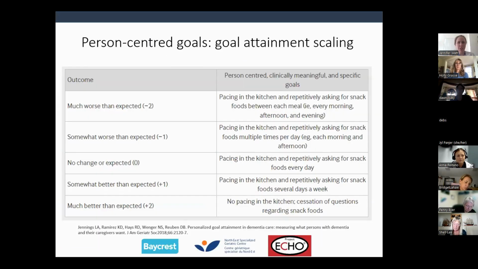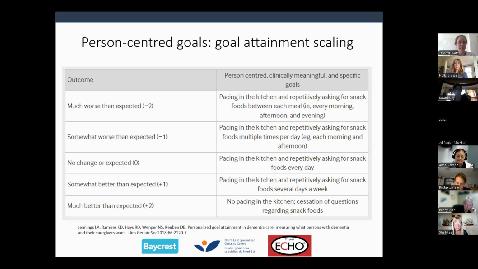So lastly, I want to talk about person-centered goals and goal attainment scaling, which some of you may be familiar with already. I hope so. It's something that we use in geriatric medicine, and there is increasing evidence that it's helpful for people with dementia as well.